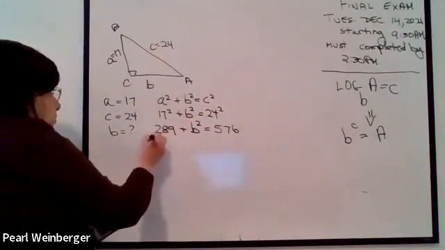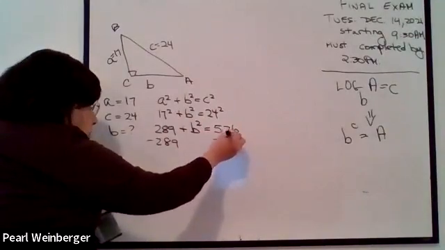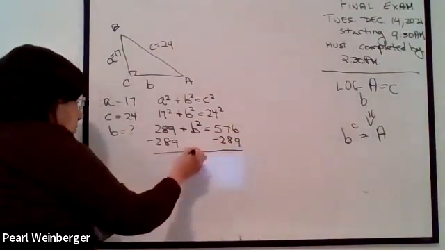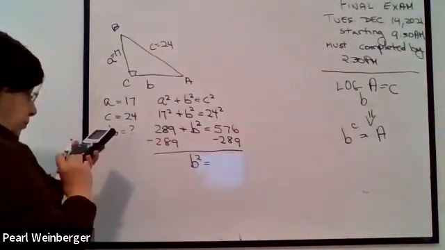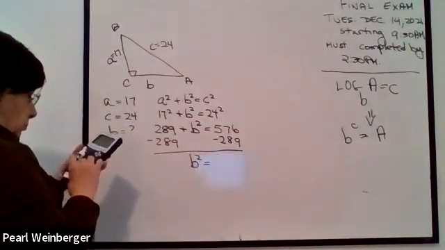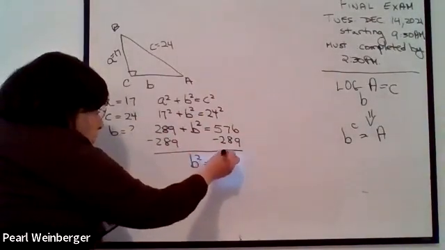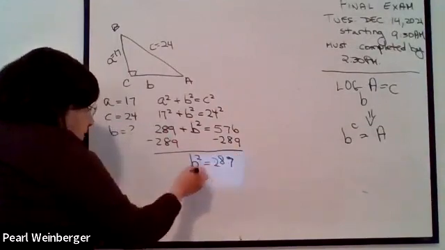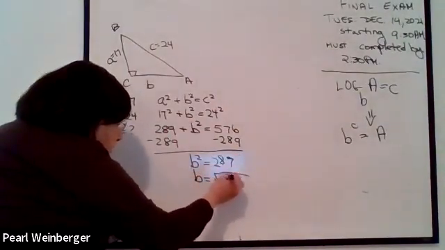So I'm going to have to subtract 289 from both sides, which gives me B squared equals 287. And that means that B is the square root of 287.